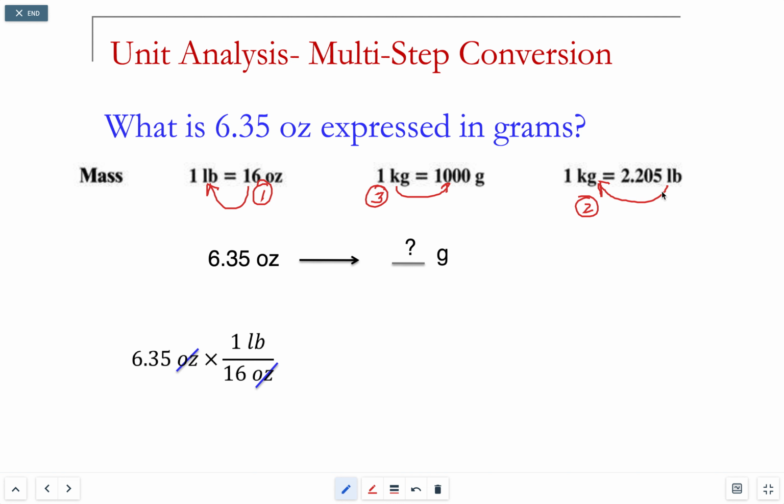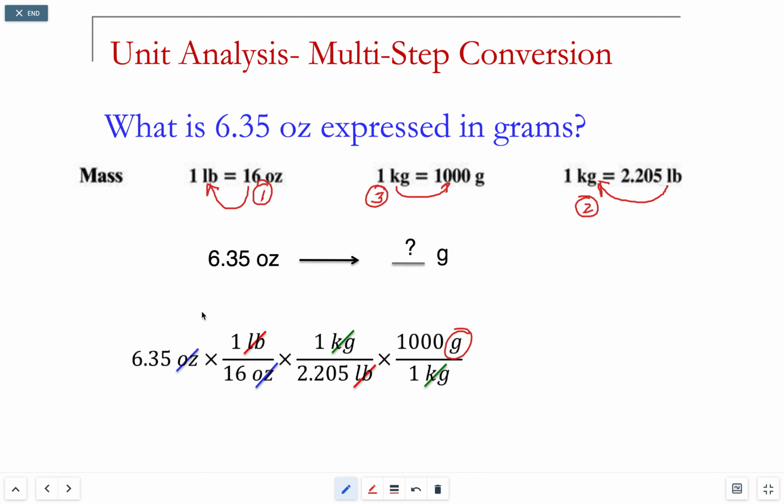So we want pounds in the denominator, kilograms up top. Now our pounds divided by pounds cancels. And then in the third step, we generate a conversion factor from this equivalent statement with kilograms in the denominator and grams up top. So this allows kilograms to be canceled. Now the only unit we have left is the gram, which is what we want.